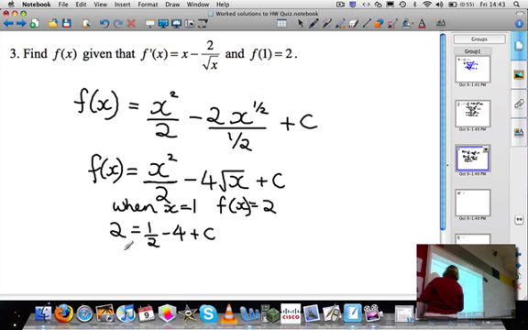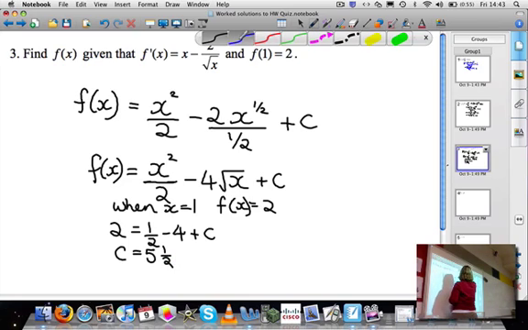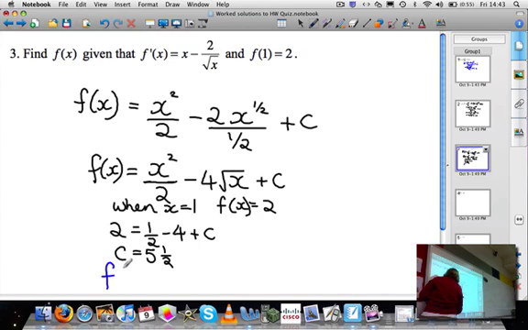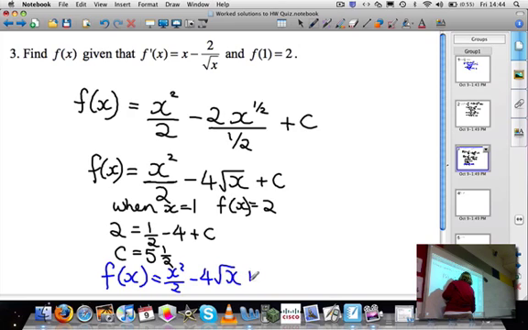And when I take that over the other side, I get c is equal to 5.5. So finally, we just need to write the function again so that we actually state the answer, because the question was asking us for the function, not just the value of c. So we're not done until we've written f of x is x squared on 2 minus 4 root x plus 5.5.